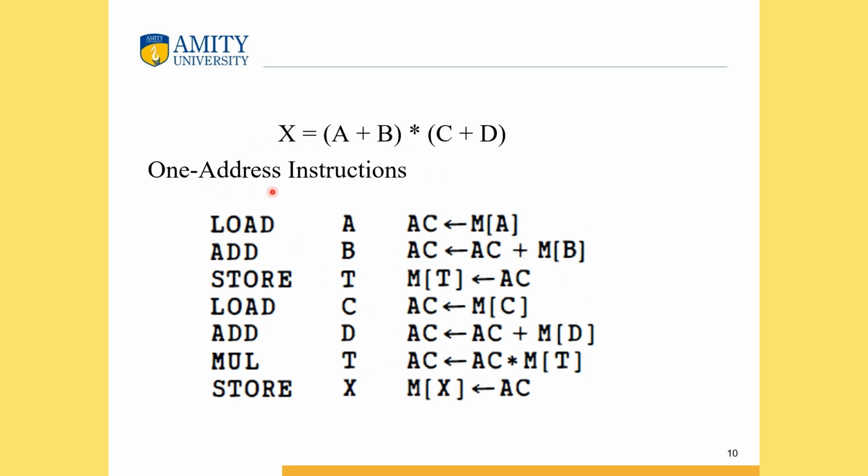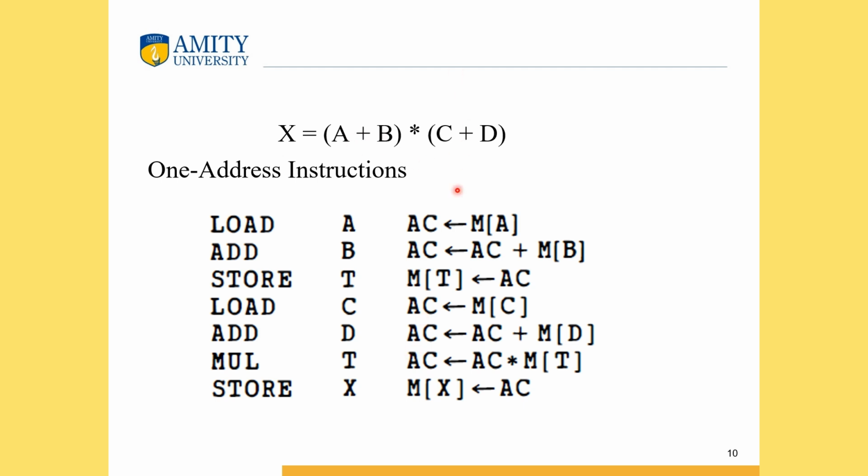For the one address instruction where we use a single accumulator register, we can see that we load A onto the accumulator and then we add B to the accumulator, and then we store the accumulator value in a temporary memory address. Finally, we are loading C onto the accumulator. We add D to the accumulator and update the value of the accumulator.